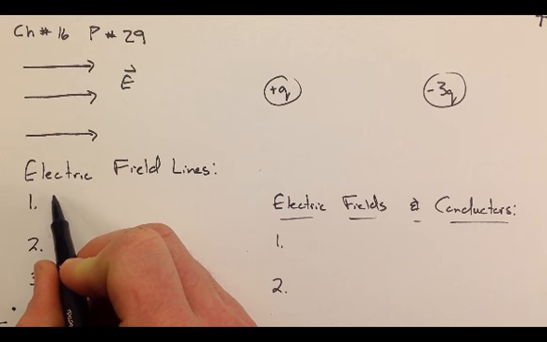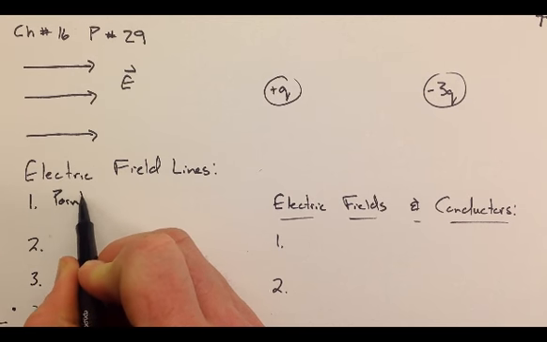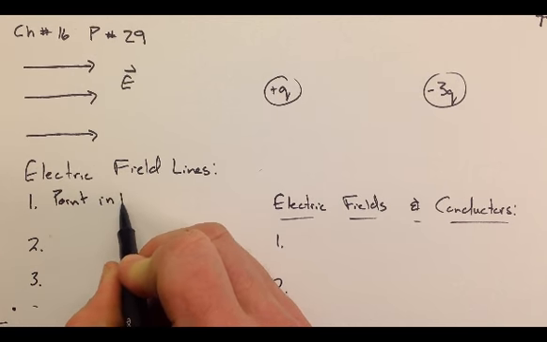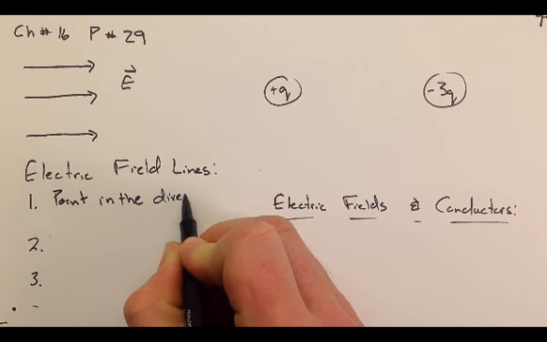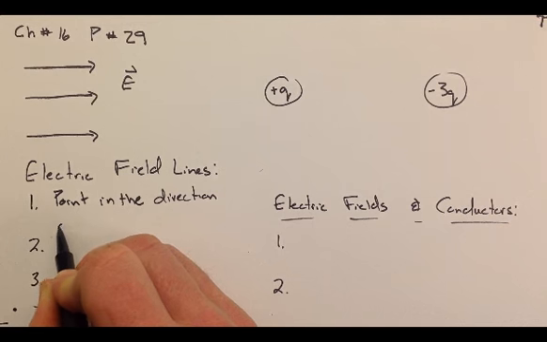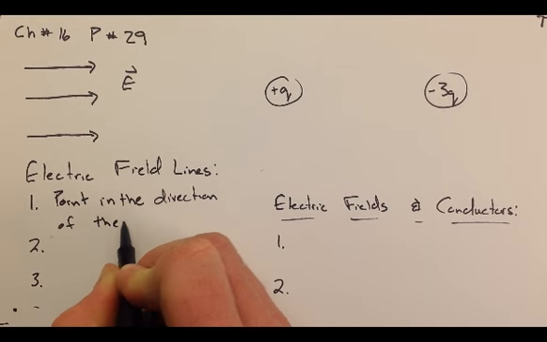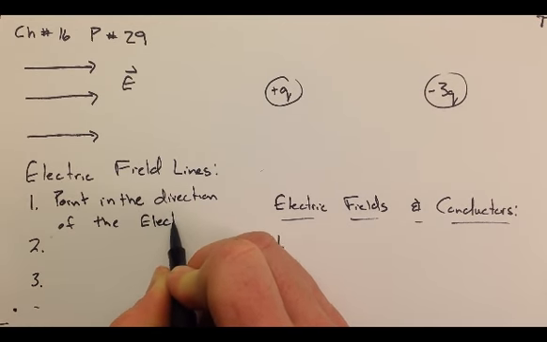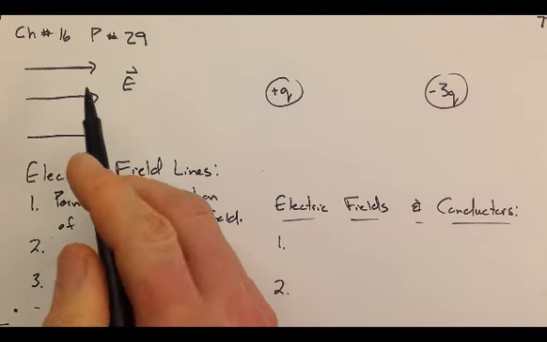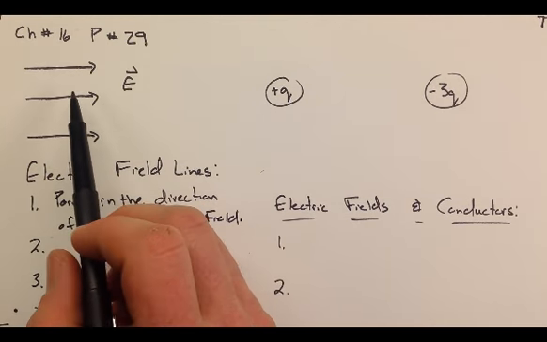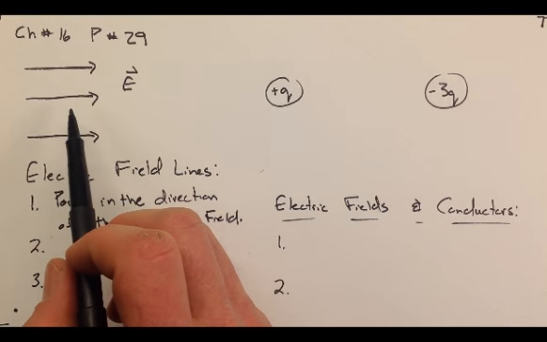First of all, they point in the direction of the electric field. That kind of makes sense, right? So I've drawn some electric field lines up here. What direction does the electric field point in this region of space?